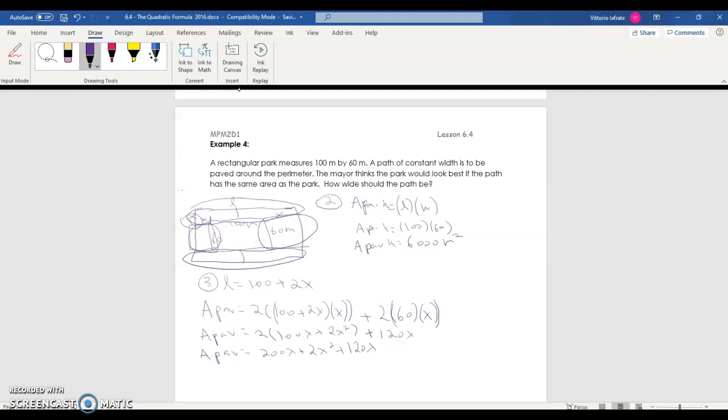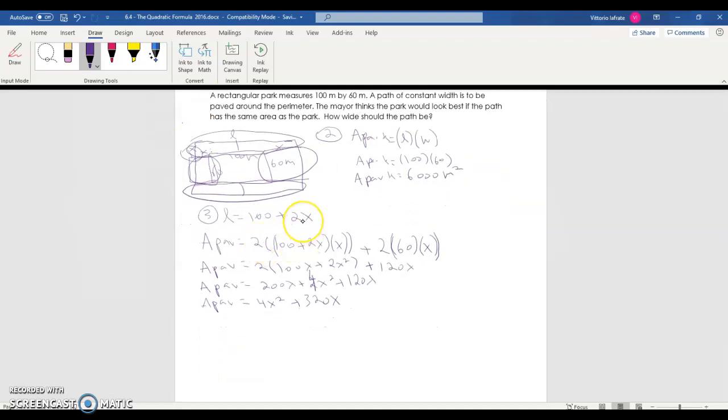Sorry, I should have said 4x squared, because it's 2 times 2 there, so 4x squared. And so that's going to be area of pavement is going to be 4x squared plus 320x. That would be a general equation for the area of the pavement.